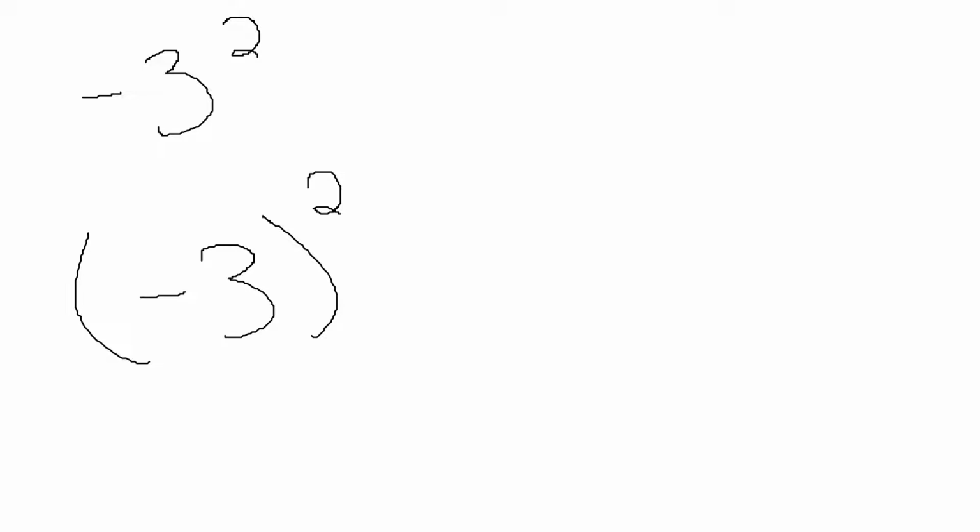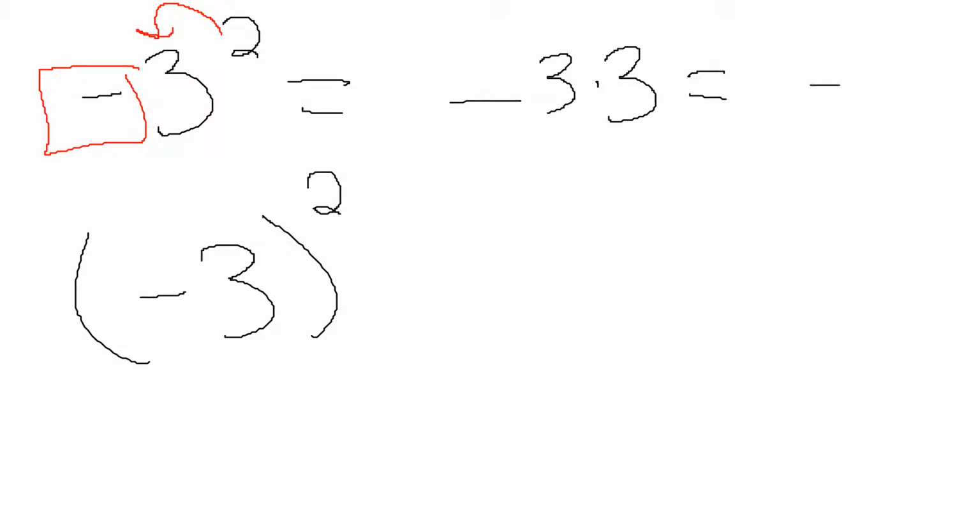Again, the exponent only affects what is directly in front of it. Directly in front of this 2 is simply a 3. This negative is not being touched, which means it's just going to stay put. And then I have 3 times 3, which gives me negative 9.